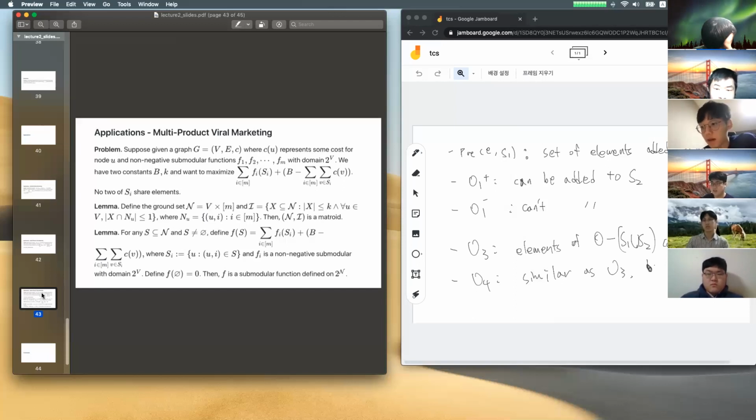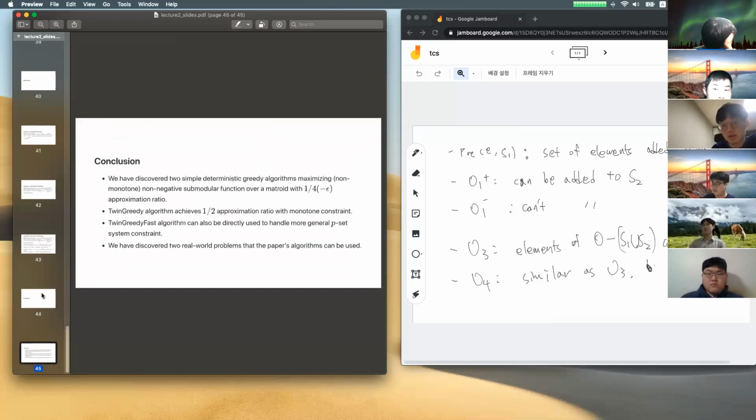Yes, so in conclusion, we saw two algorithms from the paper. The first one has a 1/4 approximation ratio, and the second one has a 1/4 minus epsilon approximation ratio.